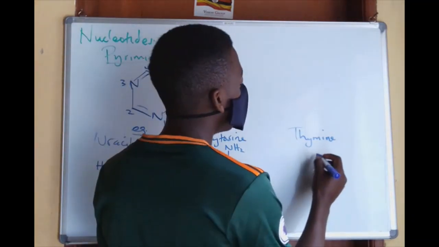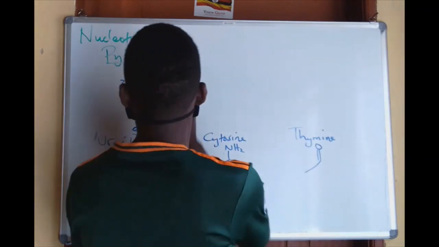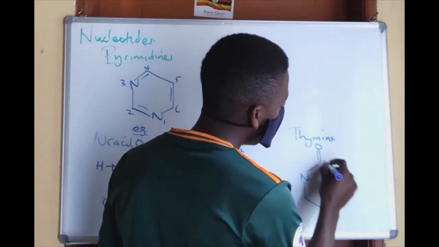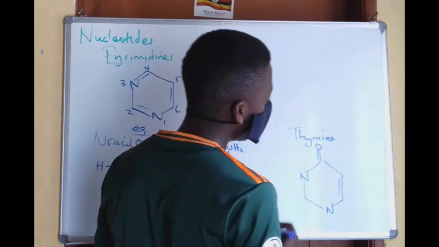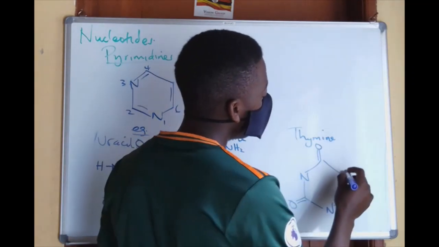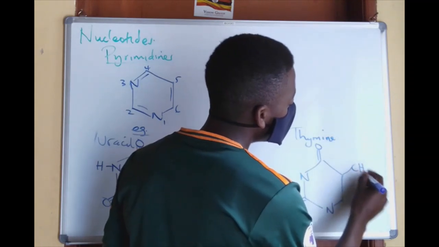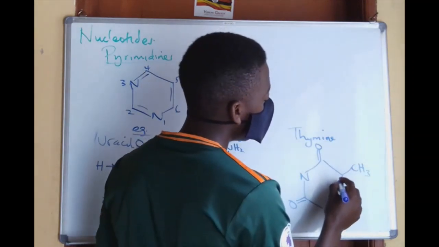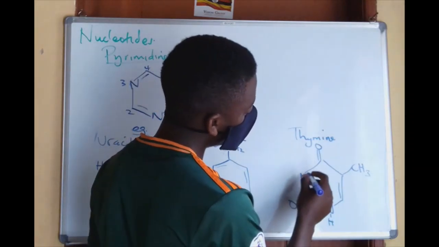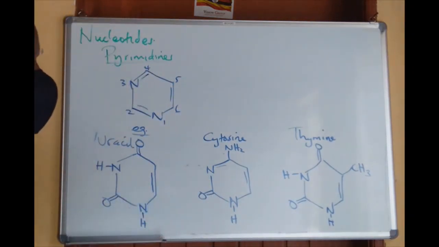So it has oxygen at carbon number 2 and at carbon number 4, like that. But at carbon number 5 we have a methyl group, and here we have H, and here H. So that is called thymine.